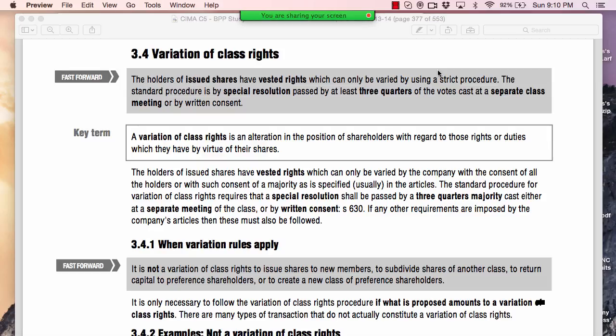First you attract the shareholder, saying this particular share has this number of rights. But if you're changing the class rights, what you need to do is get into a separate class meeting, pass a special resolution, but in order to be effective, you need to get 3/4 of the vote. Does that make sense?